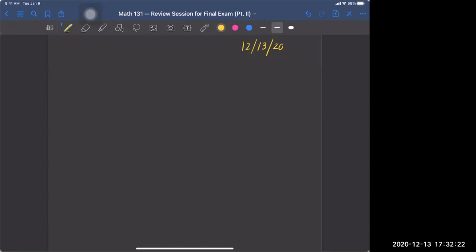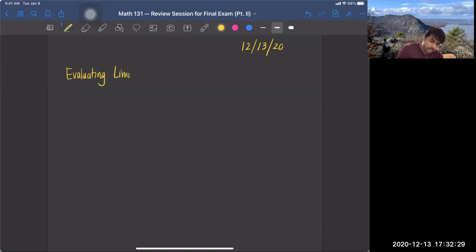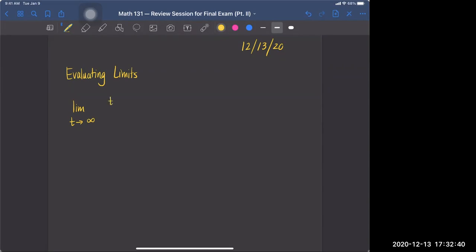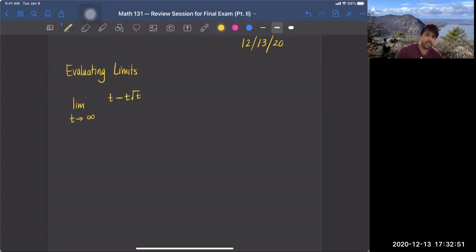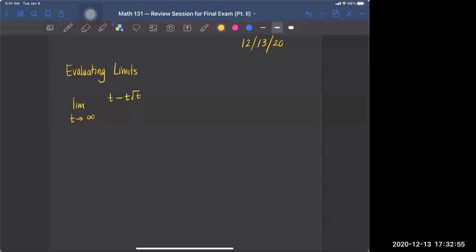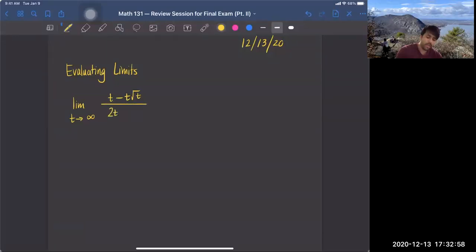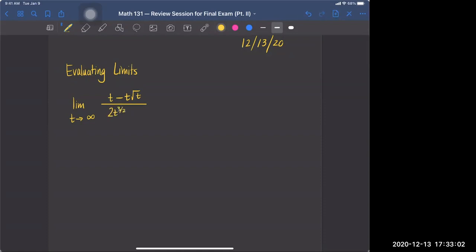It's the limit as t goes to infinity of t minus t radical t, over 2t to the power of 3 halves plus 3t minus 5.